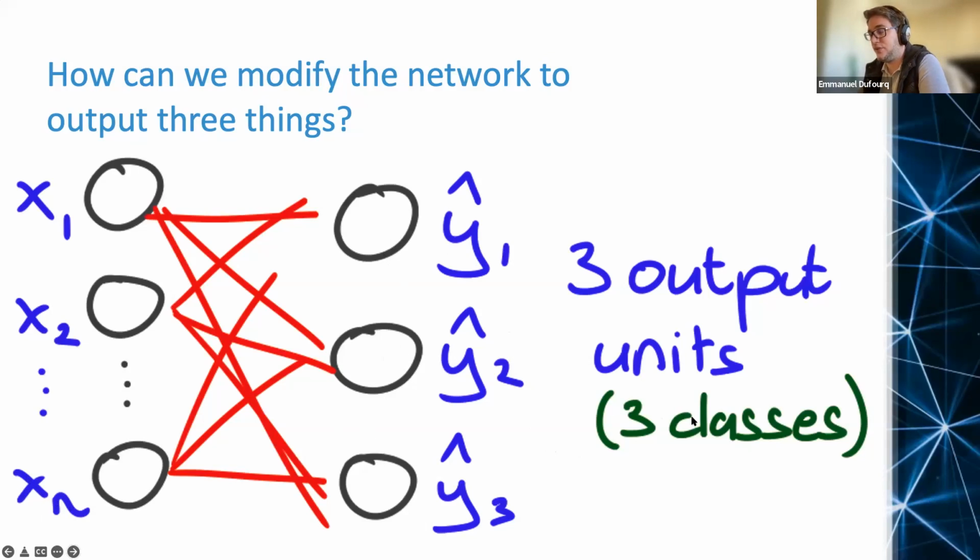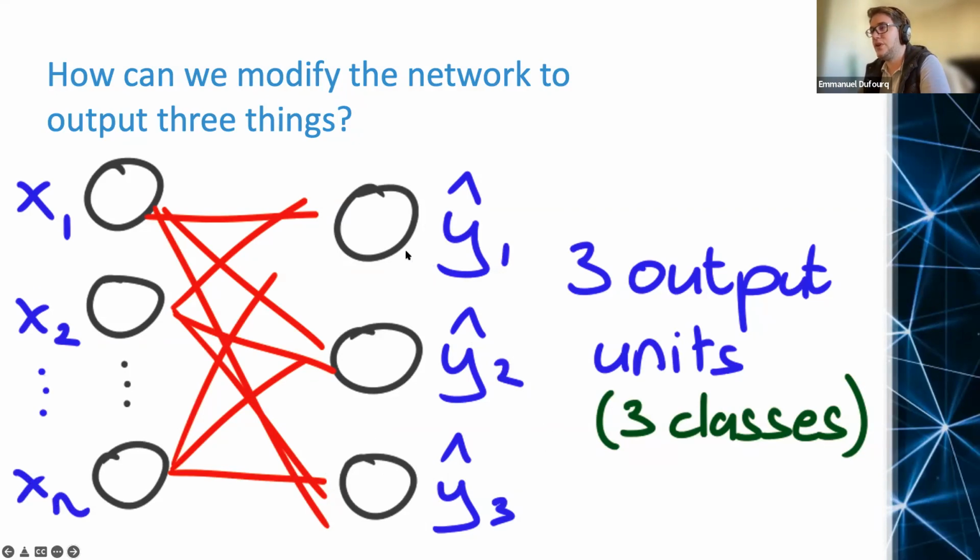In other words, if we have 3 classes, this unit is the y hat for class 1, this unit is the y hat for class 2, and this unit is the y hat for class 3. If I had 10 classes, I would have 10 units in the output, 1 for each of the 10 classes.